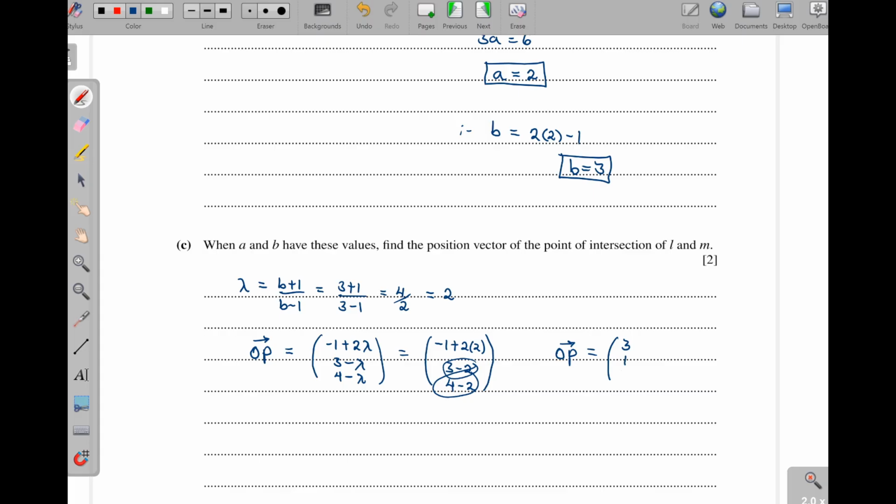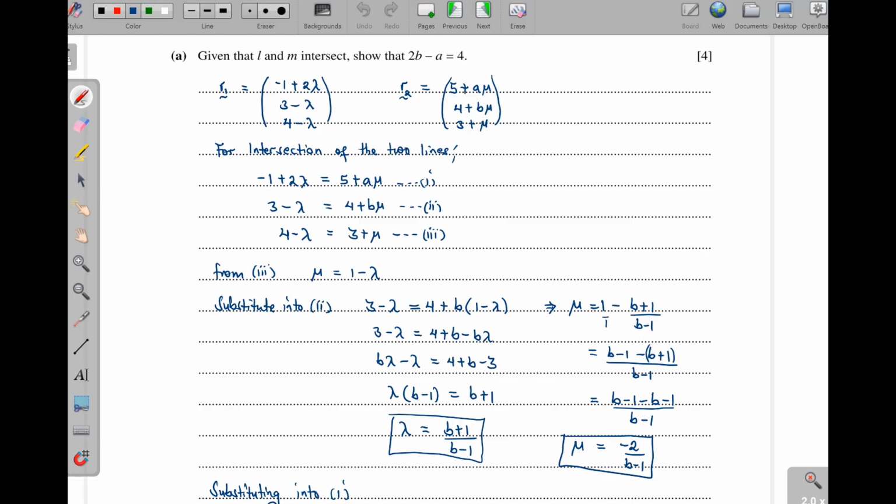And that is that. Or you can write it in terms of i, j, and k. So it will be 3i, then plus j, then plus what? 2k.